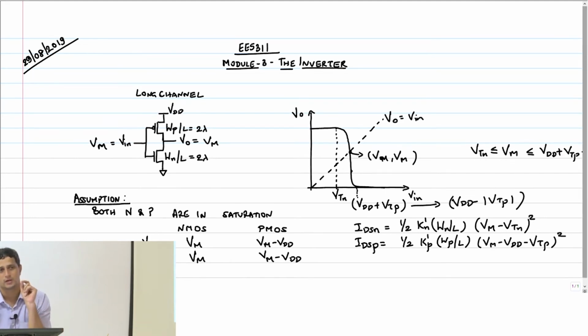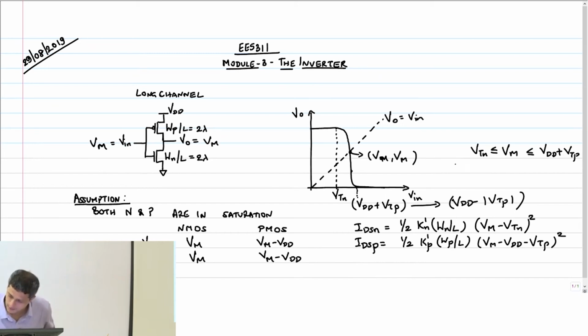Okay, this is the key point to note here, which means Vm minus Vtn is a positive number, but Vm minus Vdd minus Vtp is a negative number. This is the main thing.